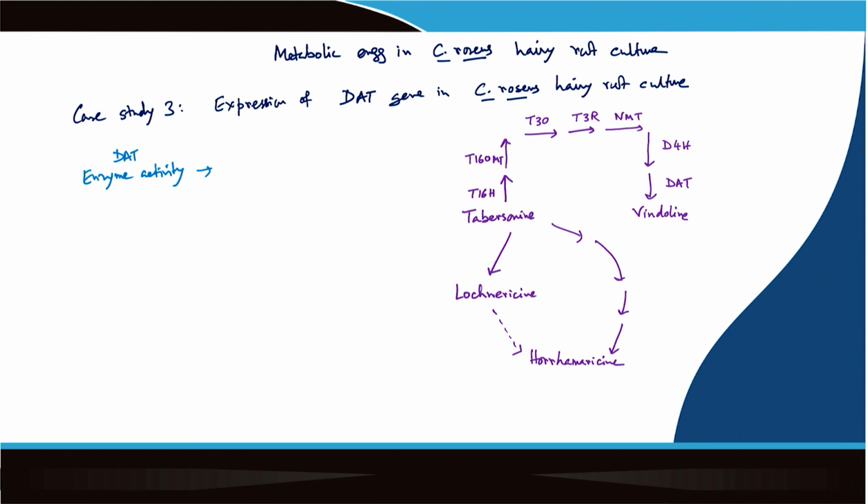So, what they found? DAT expression leads to the accumulation of horhammericine. So, what happens when DAT is expressed? That leads to accumulation of horhammericine. That is pretty interesting. Where is horhammericine? It is here.